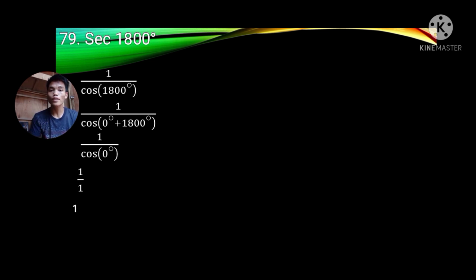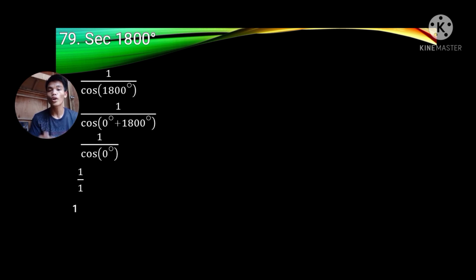So the result of 1 over cosine of 0 degrees plus 1800 degrees is equal to 1 over cosine 0 degrees. Therefore, if we are going to evaluate the expression, it will become 1 over 1. As we all know, any fraction with a denominator of 1 is equal to its numerator.